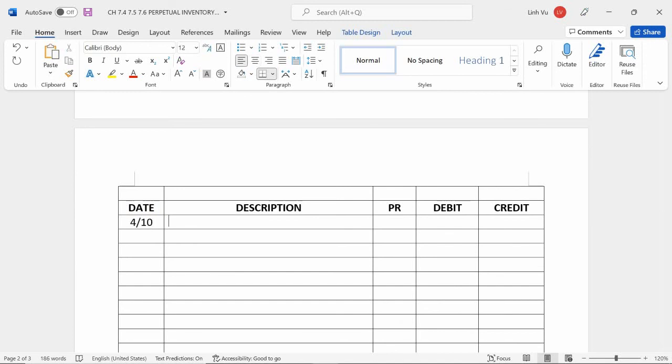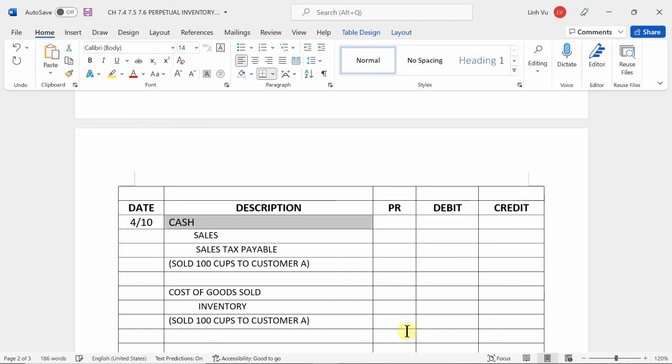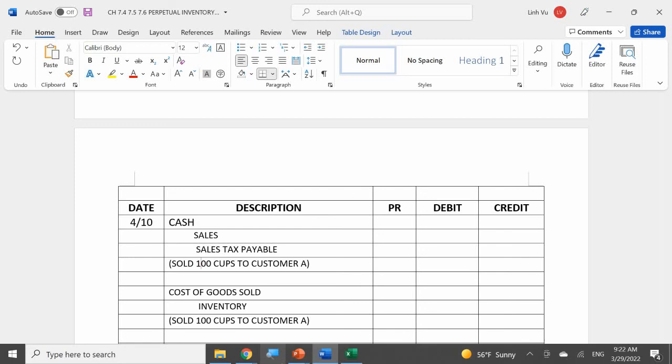What else? Sales. Sales and sales tax. Okay. But of course, in this case, I'm just going to copy and paste this, because that's what I can do, right?